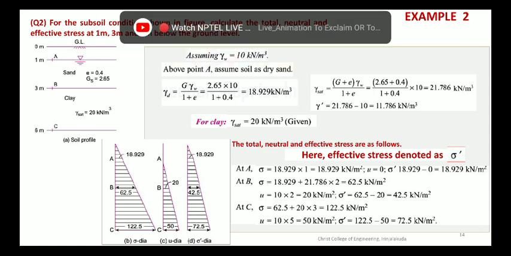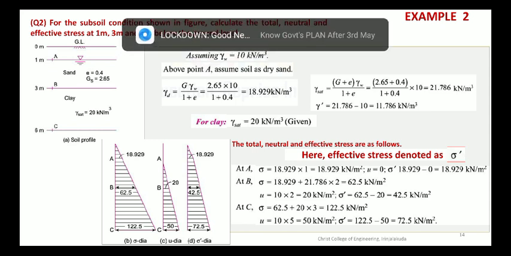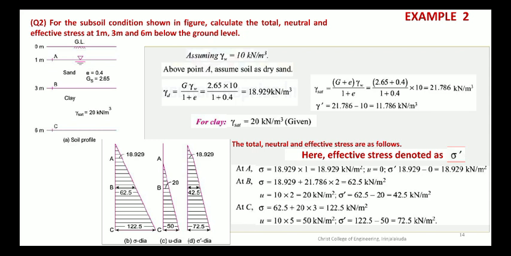Apex is 0 and below that they have marked A. That means the apex of the triangle is representing 0 meter height, the ground level. Okay, so below that 1 meter you have the A layer, then below that B, and at the bottom it is C.